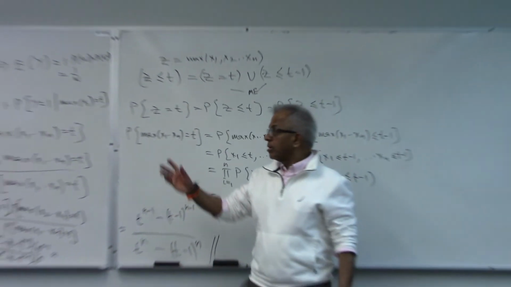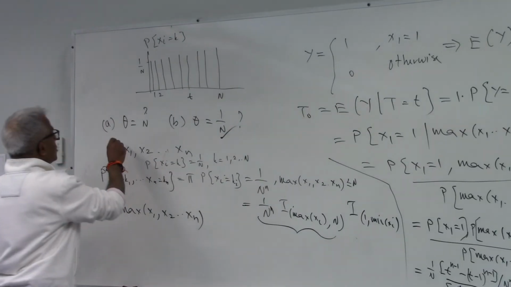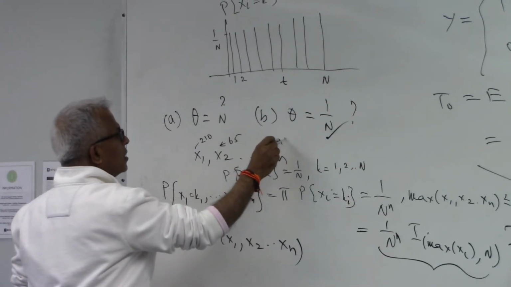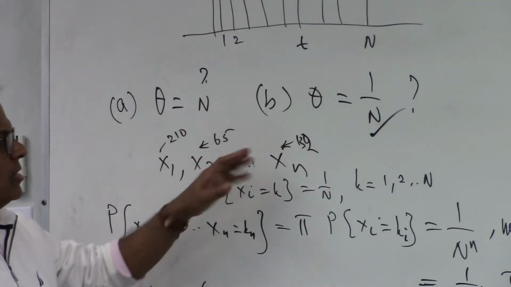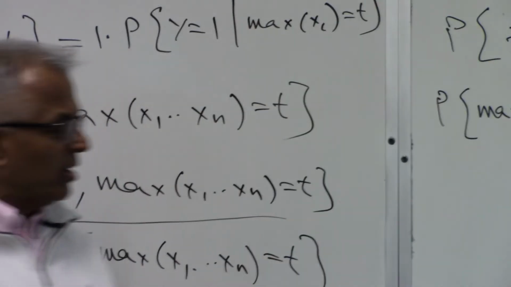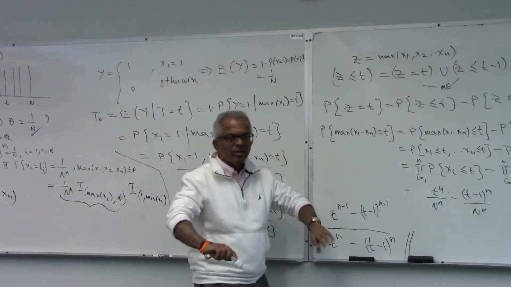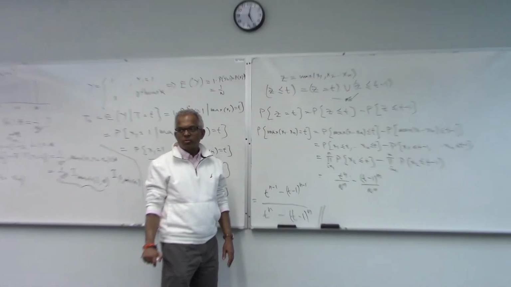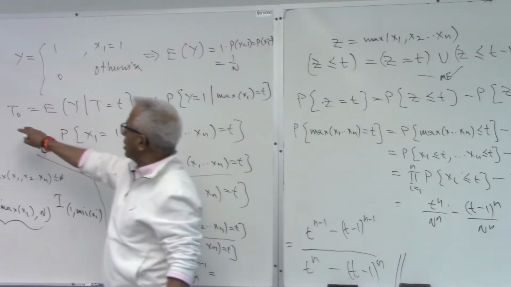For example, if these observations are 2, 10, 65, whatever, 132, then you find the maximum t and then see what n is. If n is 10, then you put these values here and that will give you the best estimator for 1 over n. Flipping that is not the best estimator for n. That's the moral of the story. So your task: what is the expected value of t naught? Anybody?